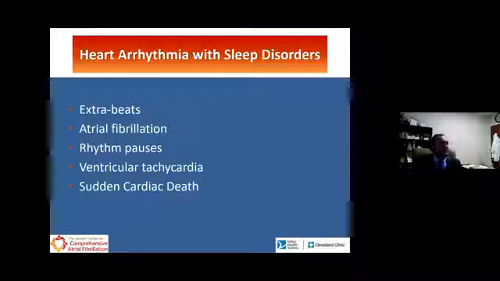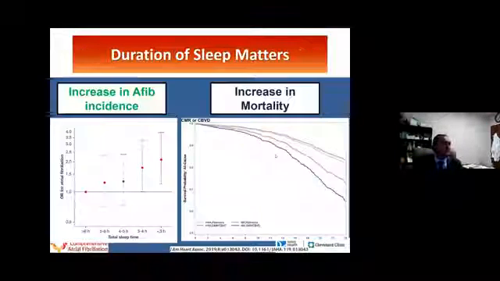And what could be the heart arrhythmias related to sleep disorders? Could be extra beats, atrial fibrillation, pauses like the heart stopping, ventricular arrhythmias, which are more dangerous and occur from the lower chamber of the heart, and even sudden cardiac death.